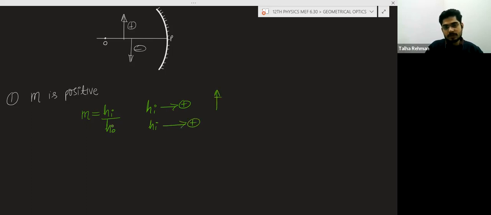This is the principal axis and this is the object, and the image is also formed like this. That is why this distance is positive, this distance is positive, and you are getting the positive magnification. So what does the positive magnification indicate?